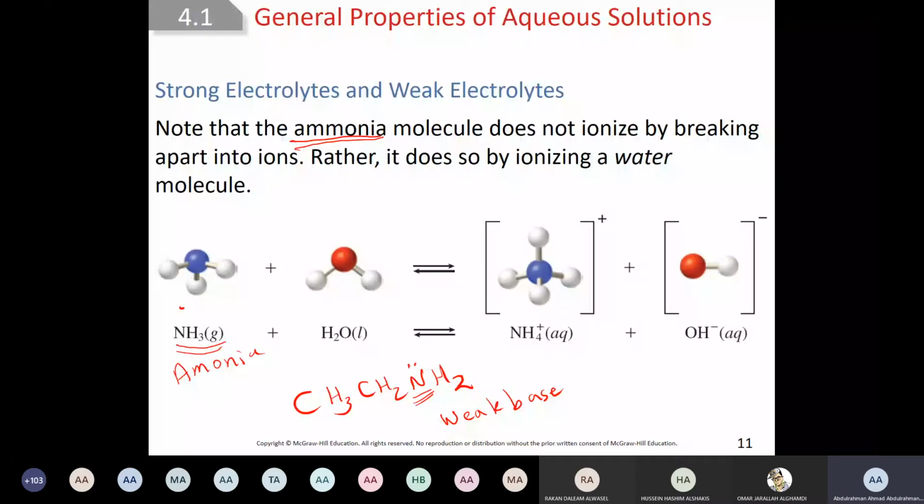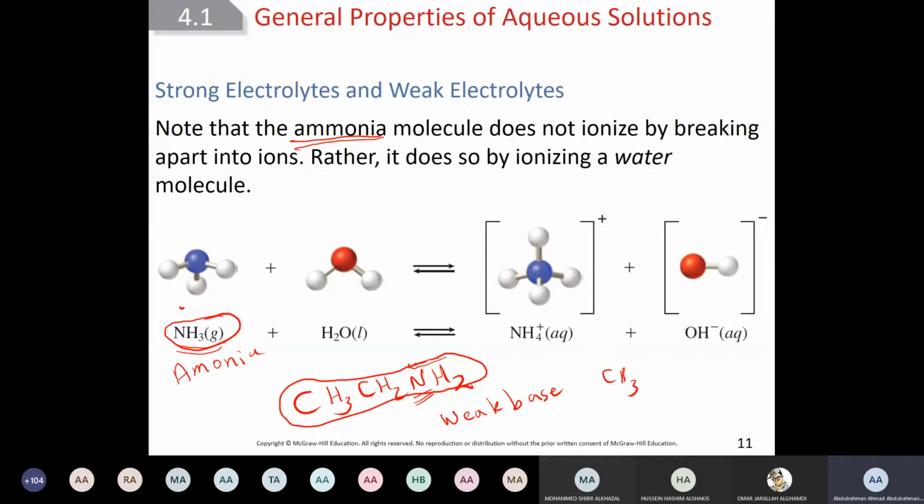If it is ammonia or any organic compound that contains nitrogen, NH2 or NH, even if I write, for example, CH3CH2NHC2H5, it is also a weak base.